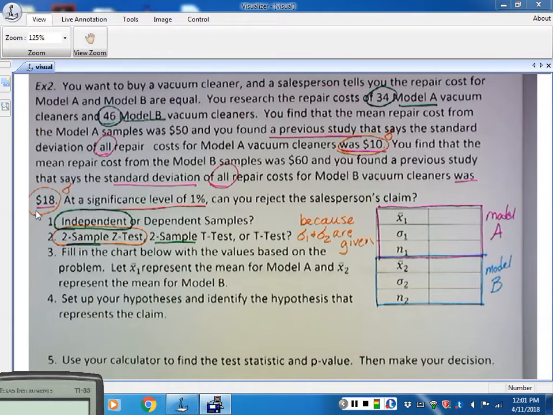We could do it the other way around, but we just need to identify which one's going to be which, so that when we come to our conclusion, we'll know how to say our conclusion.